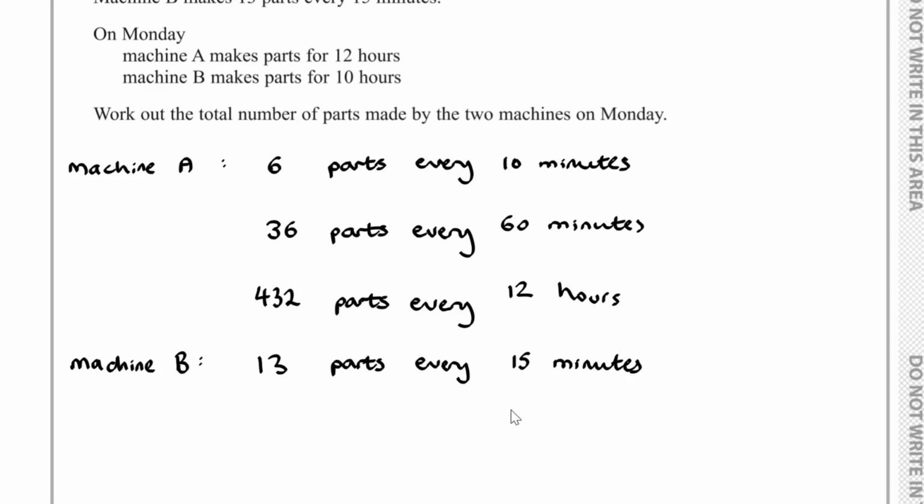And we wish to find out how many parts are made in 60 minutes, because from this we can find out how many are made in 10 hours. So to go from 15 to 60, we multiply by 4. 13 times 4, that's 52. So here we have 52 parts made every 60 minutes.